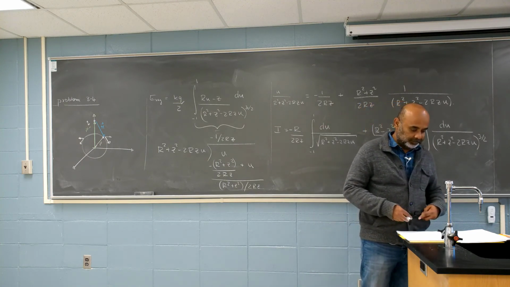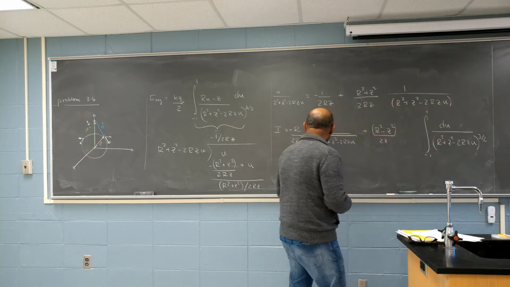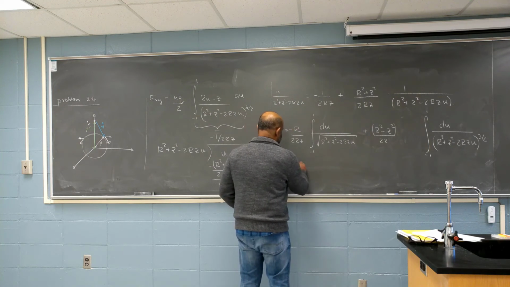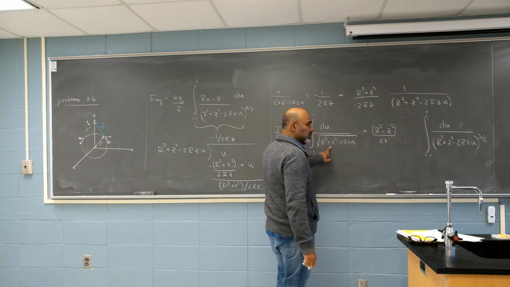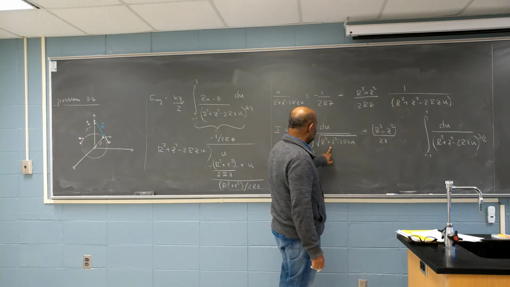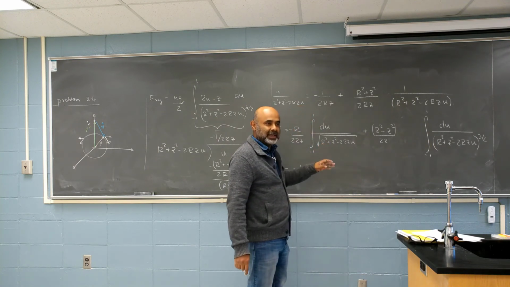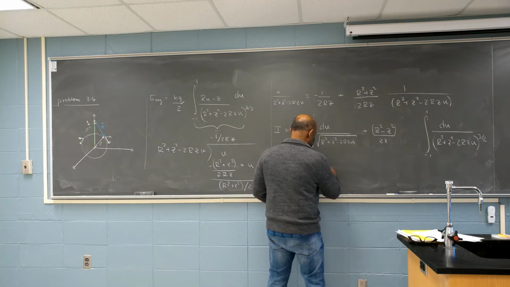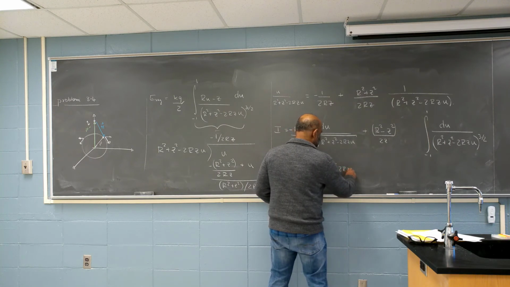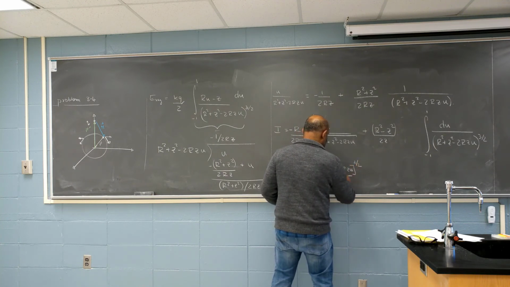Are we good? Okay. Now we are ready to integrate. So this is minus 1 over 2Z. What's the integral of this? If you call this another variable, it's x to the minus 1/2. It's x to the 1/2 over 1/2, right? So let me do it this way first. R squared plus z squared minus 2rzu to the 1/2 over 1/2.